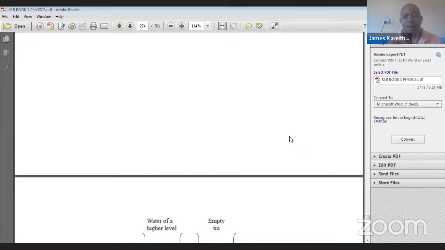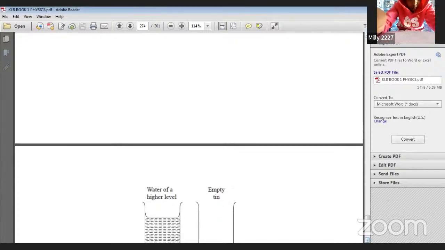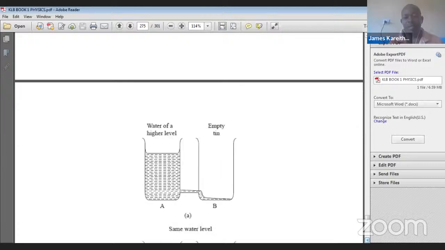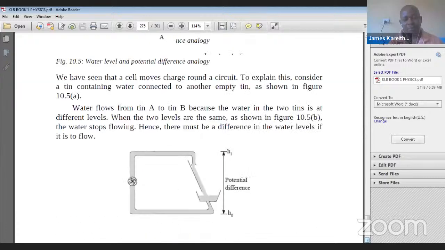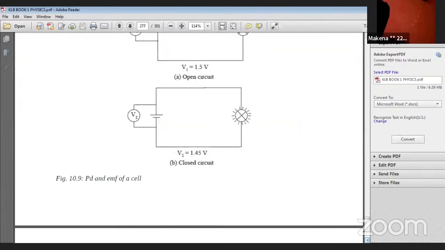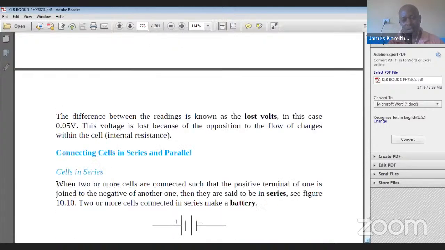Anyone, please? Liquid. An electrolyte is a liquid that conducts electric charges. Very good. Or allows the flow of currents.